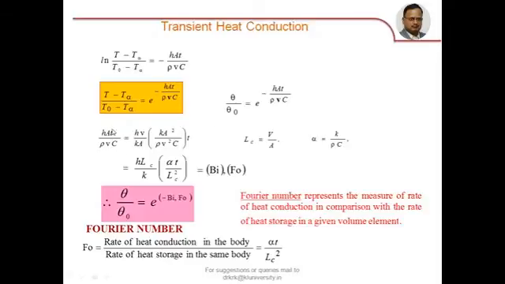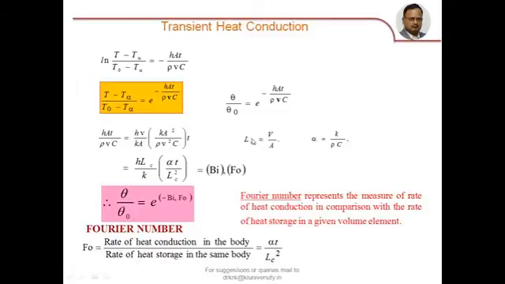Now this hAT by rho VC, if you look at this term, you can convert this into h by multiplying with k both numerator and denominator, and multiplying with A and V both numerator and denominator, you will get hV by kA, kA square by rho V square Ct.